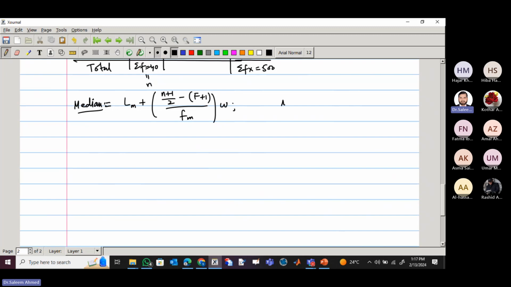First of all, I will find the median class. We know that the median is the (n plus 1) by 2-th item or observation. So n is 40, so 40 plus 1 by 2 is 20.5, the 20.5th observation. That will come in the cumulative frequency, so I will write the classes, frequencies and calculate the cumulative frequency.